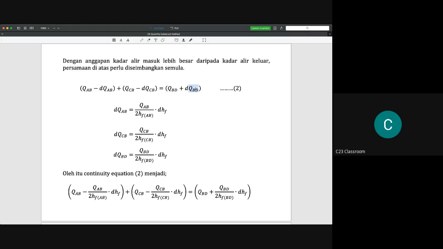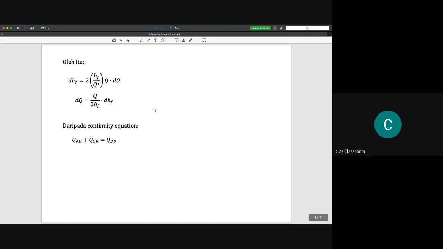So it is safe for you just to write delta QAB, delta QCB, and delta QBD. And then from this one, we could rearrange the value into this term. So we have delta QAB. This actually comes out from our previous equation of this one.